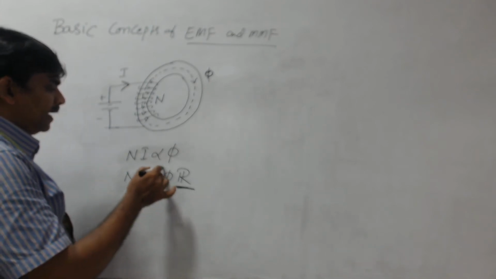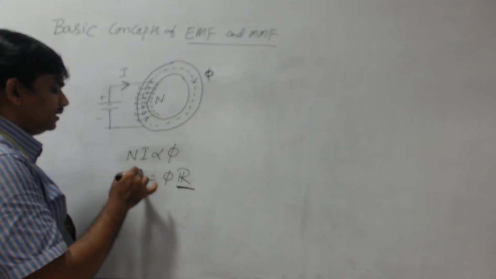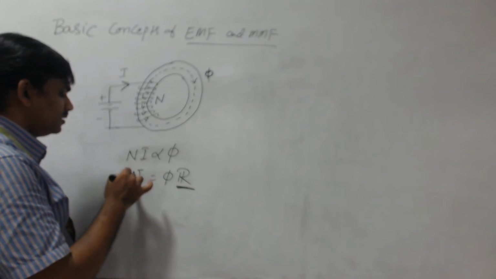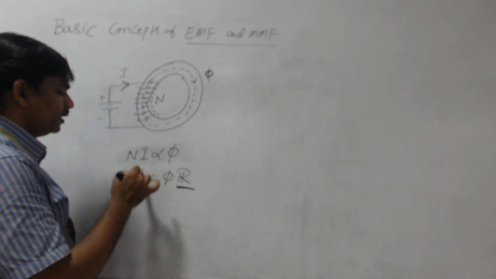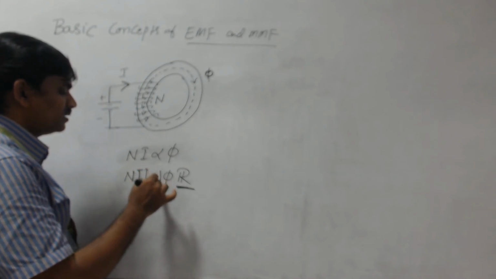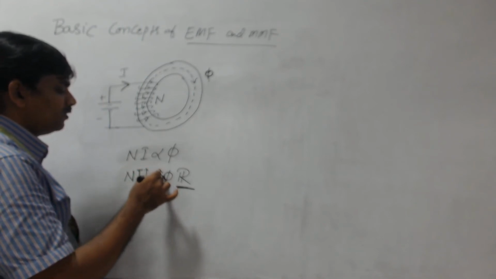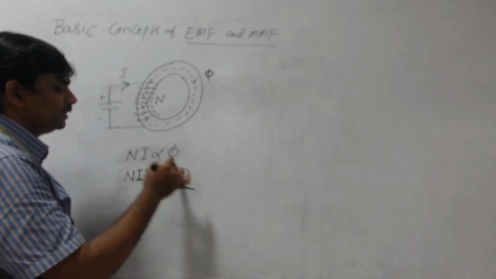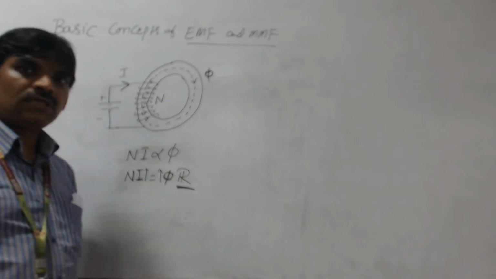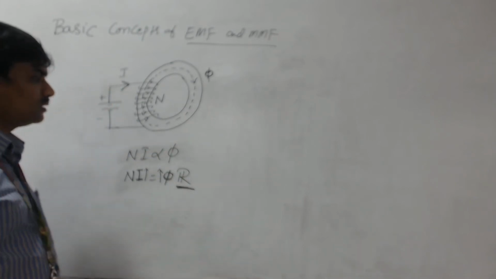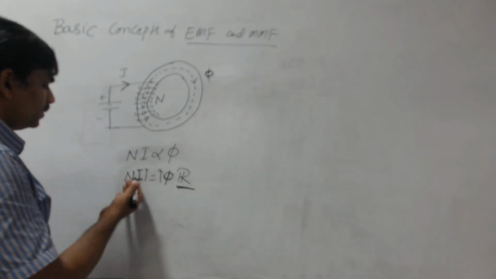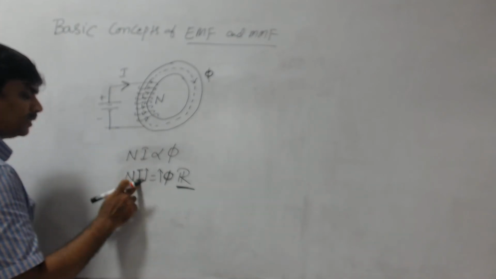So the magnitude of the flux depends on I, as N is constant here. When I is increased, flux is increased. But the amount of flux depends upon the material constant, that is called the reluctance. So NI is nothing but ampere-turns.